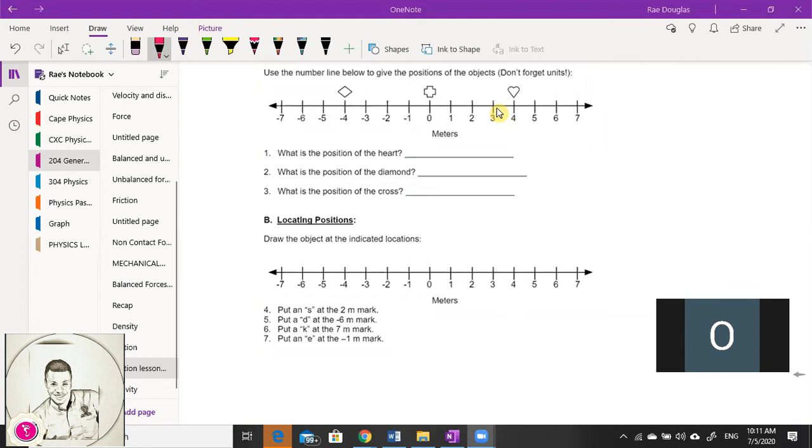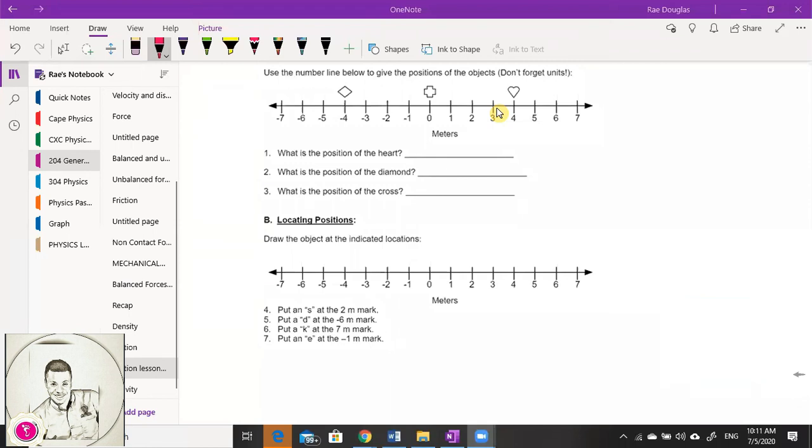Sir, are we just supposed to do numbers 1 to 3? Yes, for now. Are we done with that? Yes, sir. All right. Now it says, what is the position of the heart?